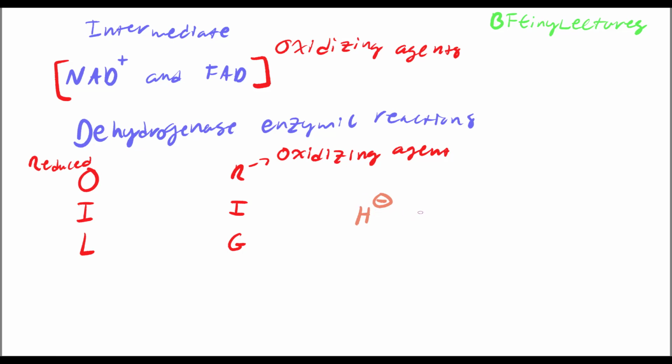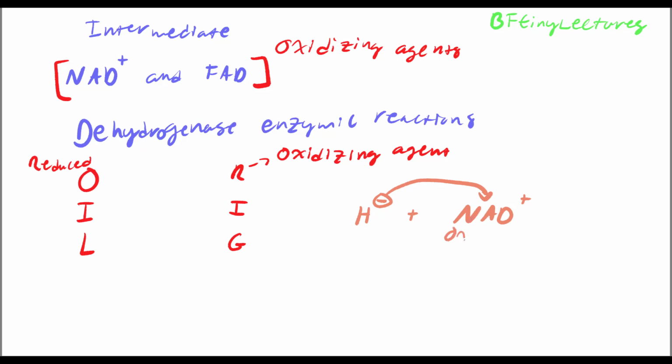So what happens here is that NAD, which is nicotinamide something, but it's not important for you to know the name, is going to be attacked by the hydride. So the hydride is going to attack it. So this is going to be reduced. This is an oxidizing agent.